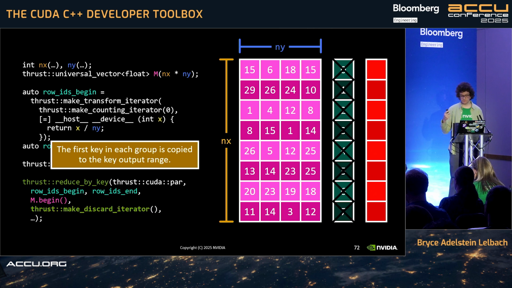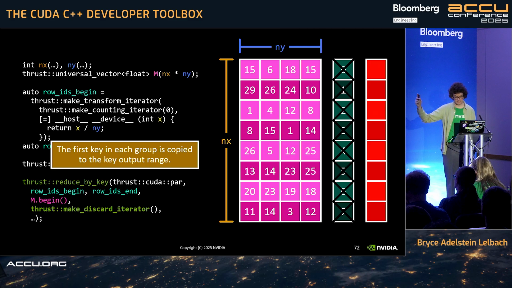But in our case, we don't actually need the output keys because they'll just be the same as the index of each sum in the sums vector, and writing them unnecessarily will waste precious device bandwidth and memory. So we can use Thrust discard iterator to ignore the output.